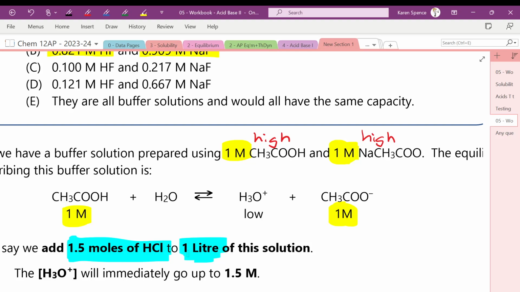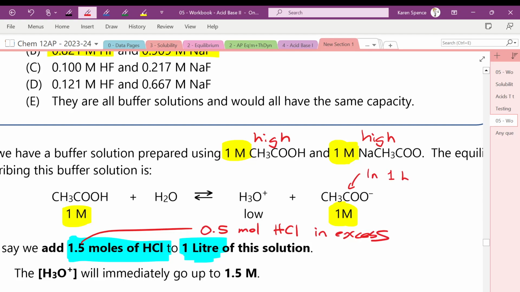Lots more acidic, because once we've added 1.5 moles, 0.5 moles of HCl will be in excess, yes? Because in 1 liter, we would have 1 mole of CH3COO minus.